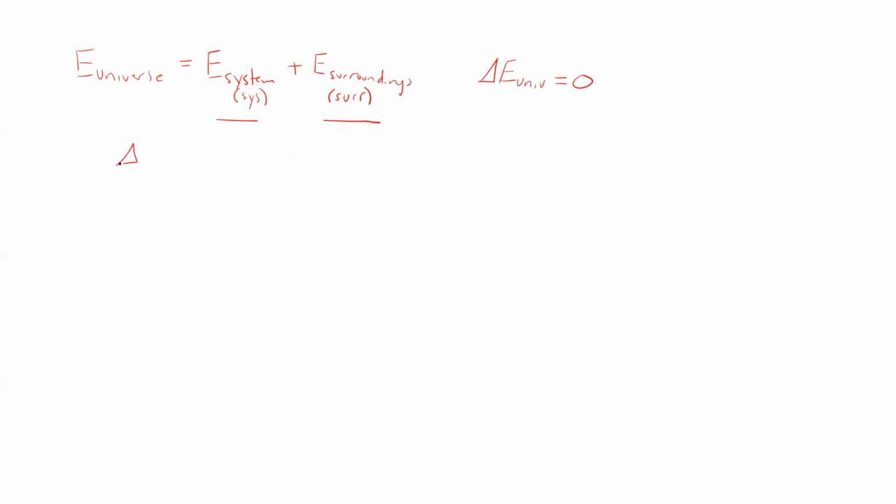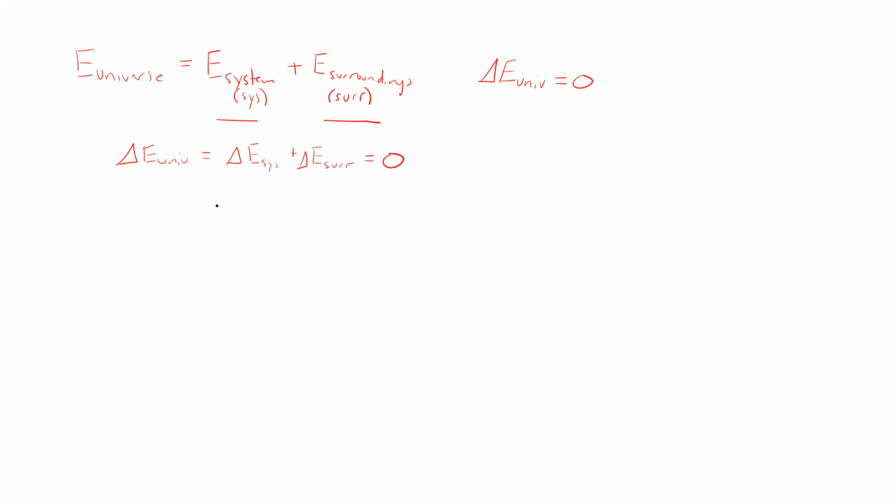So we can say delta E of the universe, the change in energy of the universe, which is related to the change in energy of the system, just because that's how the universe is defined, plus the change in energy of the surroundings. We know that's equal to 0 because of the law of conservation of energy.